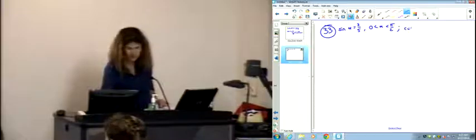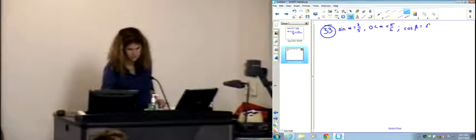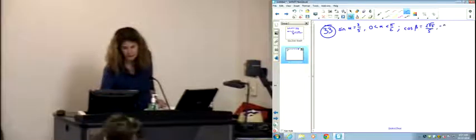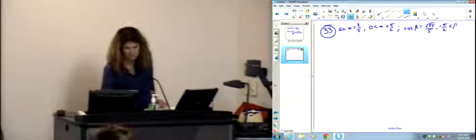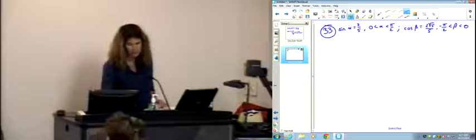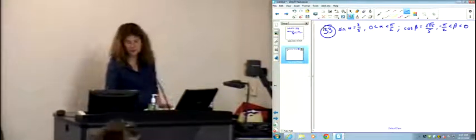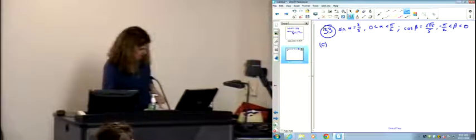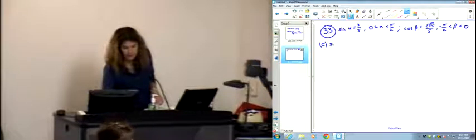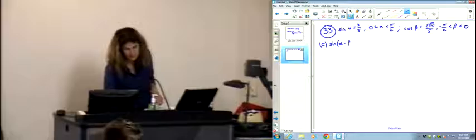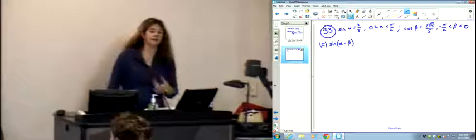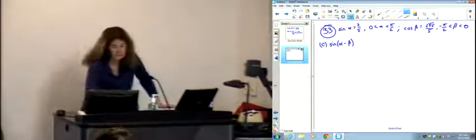And then we have the cosine of beta is 2 square roots of 5 over 5, and negative pi halves is less than beta is less than 0. And was it a particular part, or does it matter which part? C. Part C, okay. Part C wants us to find the sine of alpha minus beta. That's what we're looking for there.